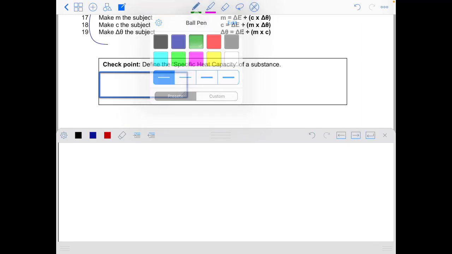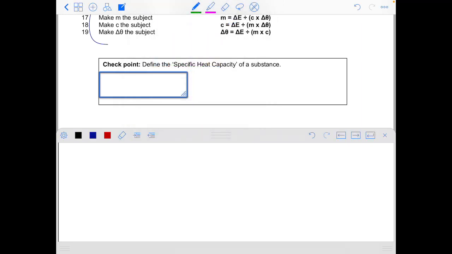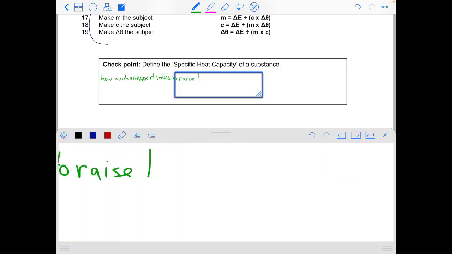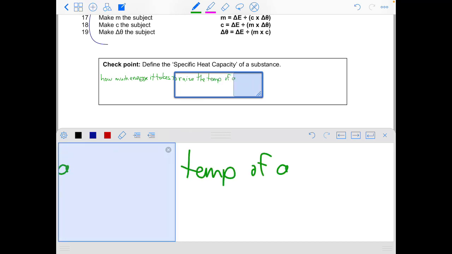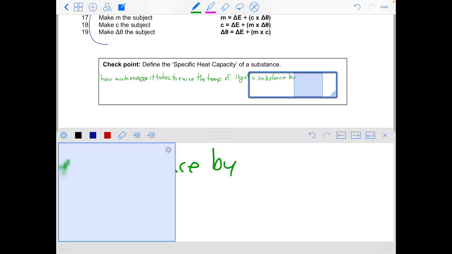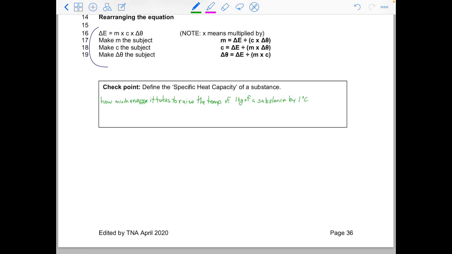Swapping now to your feedback color pen. So the definition for specific heat capacity: how much energy it takes to raise the temperature of 1 kilogram of a substance by 1 degree Celsius.